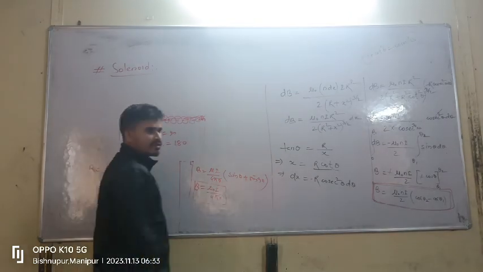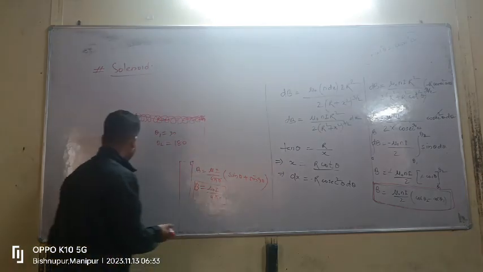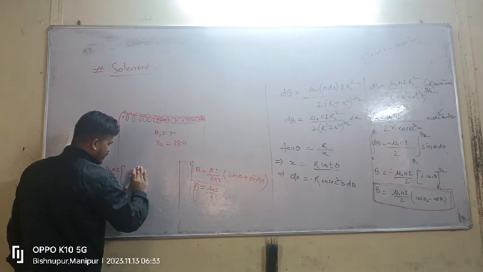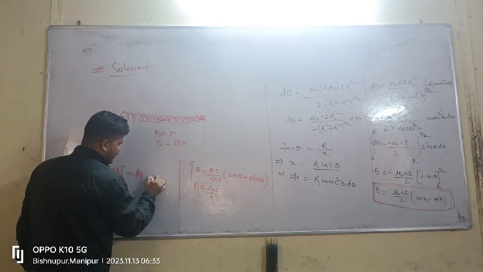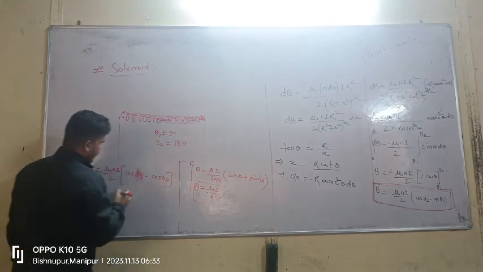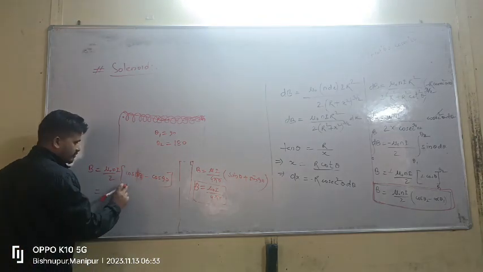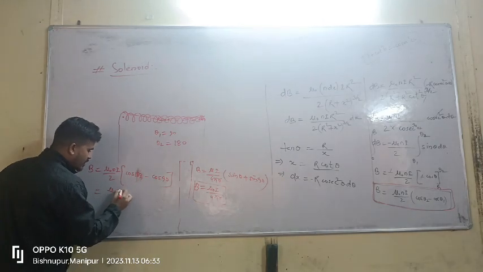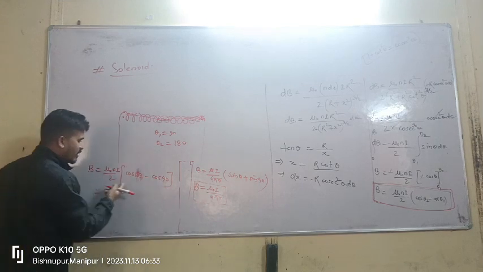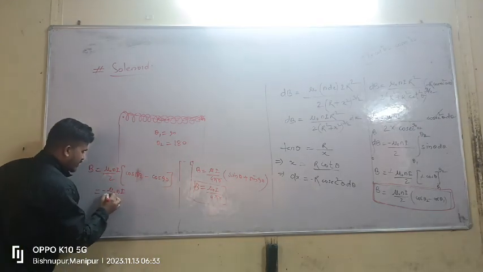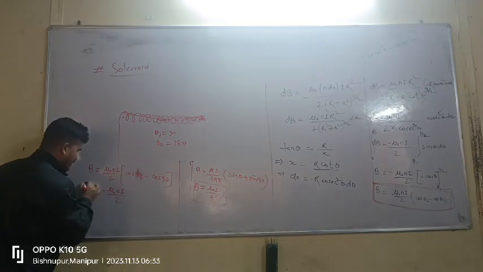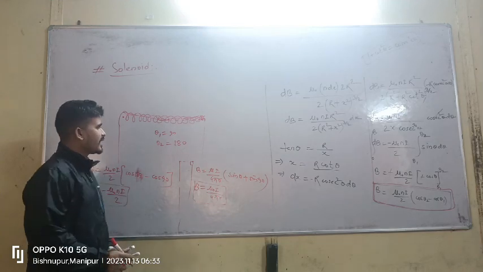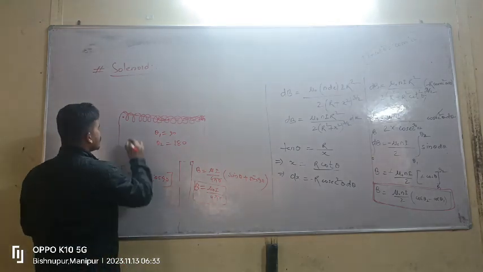Put the values: cos theta 2, which is cos 180, minus cos 90. What will be the result? Cos 180 is minus 1 and cos 90 is 0. So it will be minus 1, giving minus mu naught n I by 2. Why minus? It depends on the direction we have chosen.